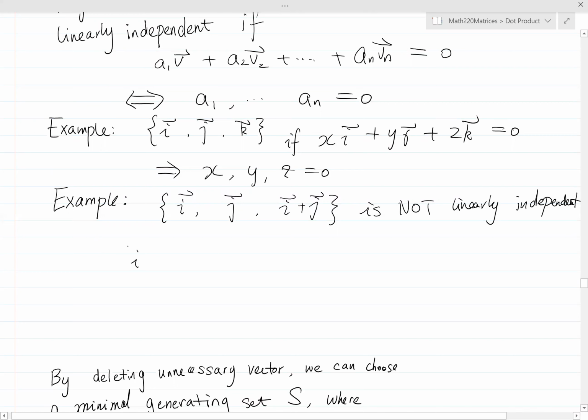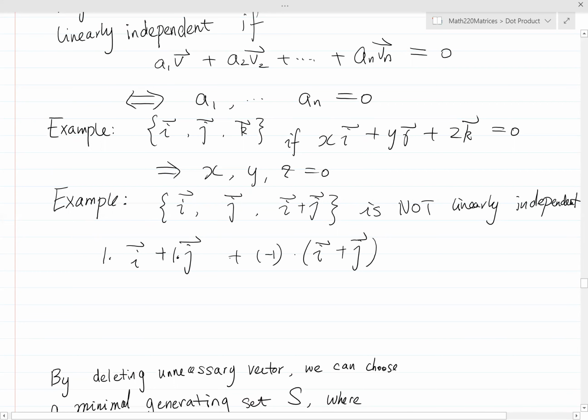For instance, i plus j plus negative 1 times (i plus j). If we distribute, i subtract i we get 0, j subtract j we get 0. So the coefficients are non-zero.